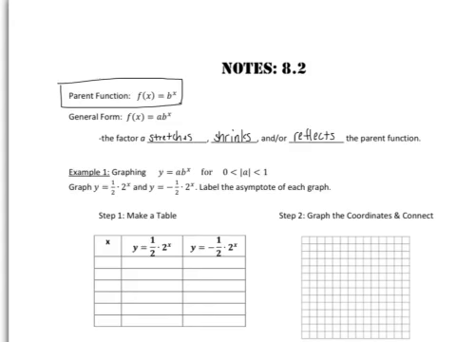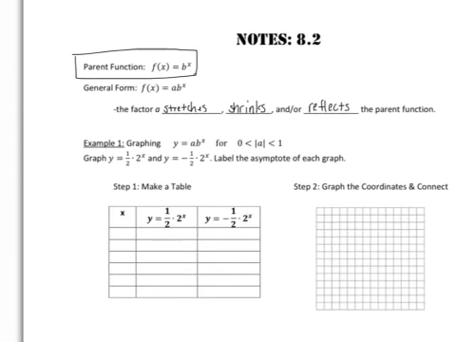Okay, we're going to start out graphing one where the a is between 0 and 1. So what does that mean? A shrink. Okay, so this is going to shrink.